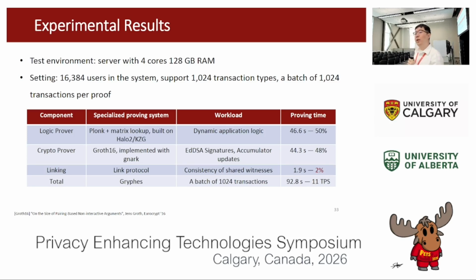And to link them together, it only takes 1.9 seconds, which is only 2% of the total time, which is almost negligible, because in this way we can use the most suitable SNARK to prove the corresponding logic, and the overhead is only this linking proof, which is only 2% of the total time. And overall, the proof takes 92 seconds, which means we achieve 11 TPS on this server.